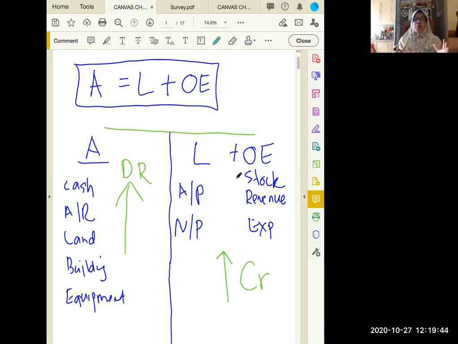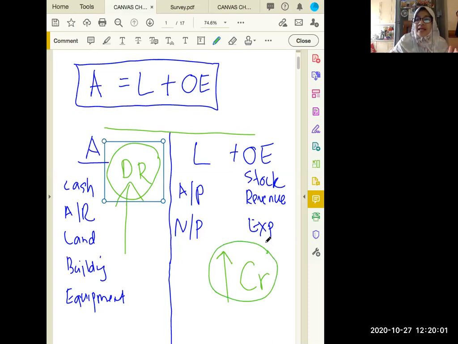So in other words, any asset account has a debit nature. We say an asset account has a debit balance, and liability and owner's equity accounts have a credit balance. Can you remember that? Assets are debit balance, liability and owner's equity have a credit balance.